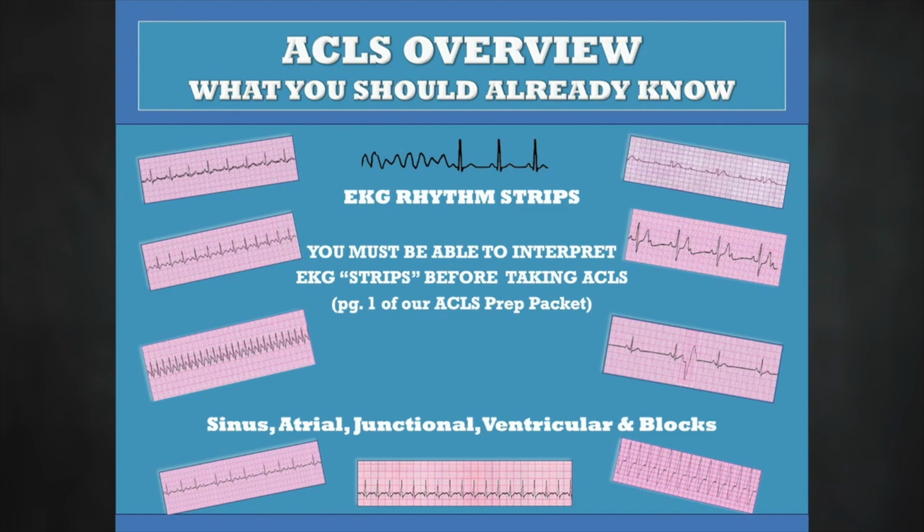You need to be able to identify standard sinus rhythms or arrhythmias, atrial rhythms, junctional rhythms, ventricular rhythms, and a few heart blocks. So there's a review section that you should look at for EKGs if you haven't already done so, or if you're somebody who needs a little extra help with EKG rhythm strips.